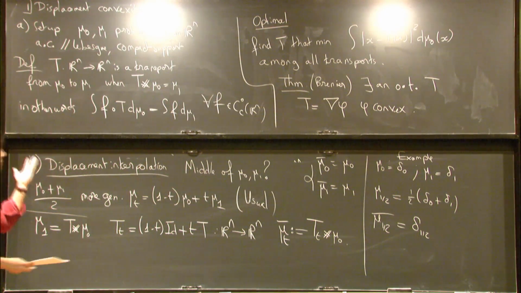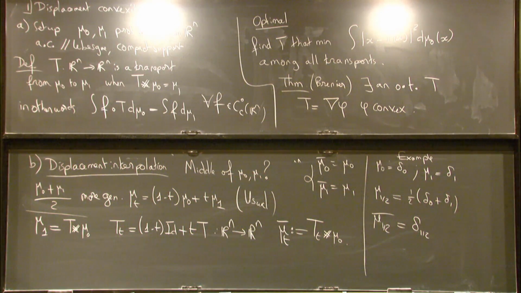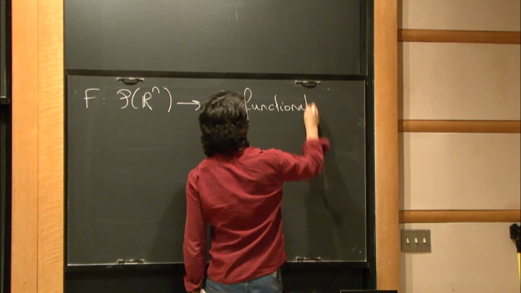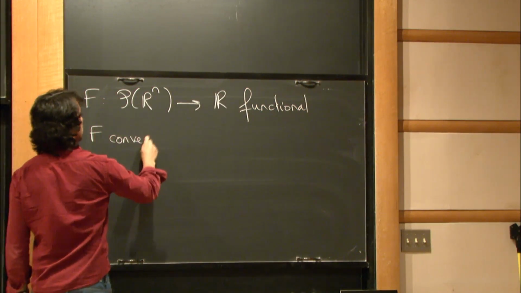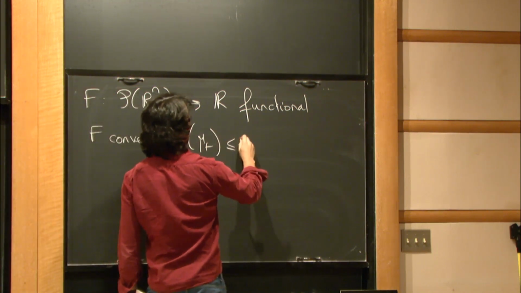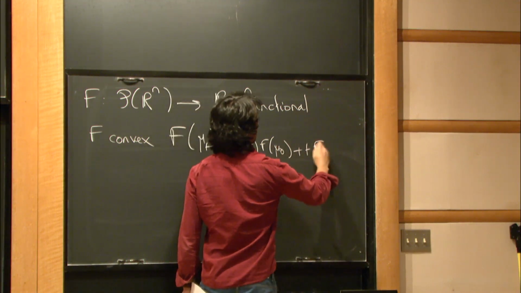So once we have a notion of interpolation, there's an associated notion of convexity. So if F is a functional on the space of probability measures, F is convex in the usual sense if F of mu t is less than or equal to (1 minus t) F of mu0 plus t F of mu1.